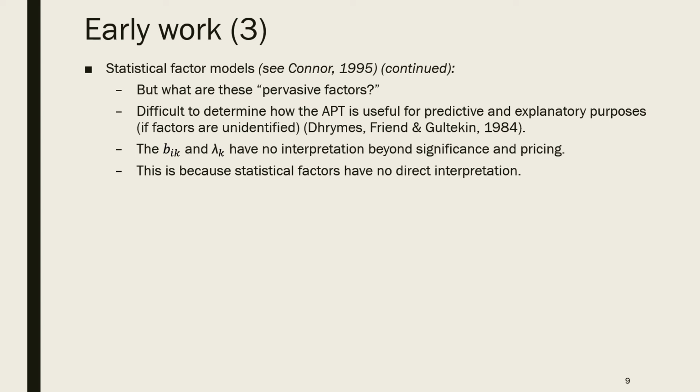So what we have here are criticisms of these statistical factor models. The question that arises is, what are these pervasive factors? Without knowing what these variables are, because we are only representing them statistically, all that we can do is say, well, there's multiple variables, but it is difficult to determine how the arbitrage pricing theory is then useful for predictive and explanatory purposes.